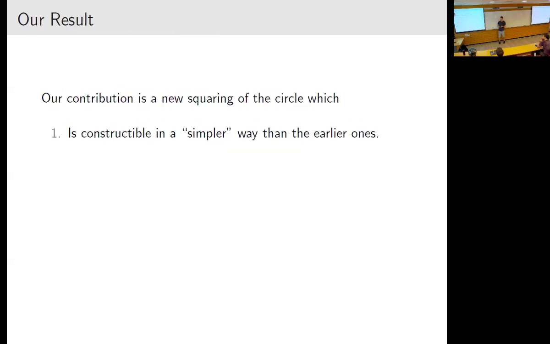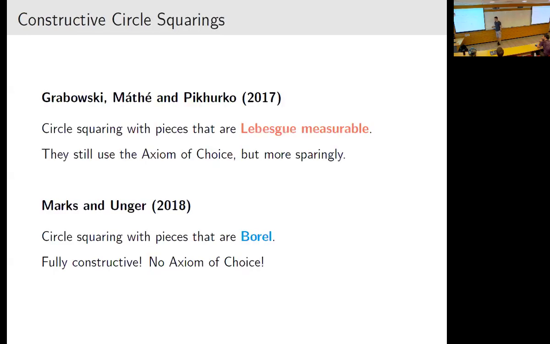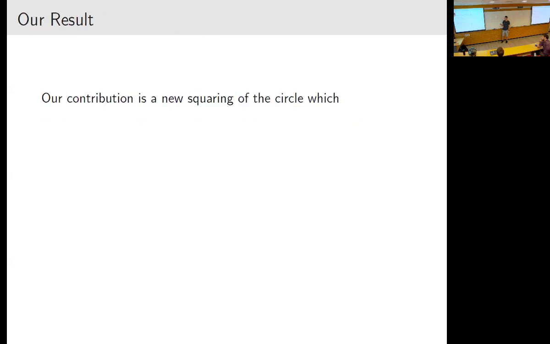Okay, so what did we do? This was a really big result. Basically, we have improved on this in a few different ways. This is joint work with András Máthé and Oleg Pikhurko. We obtained a circle squaring which, first of all, is constructive in a simpler way. What do I mean by a simpler way?